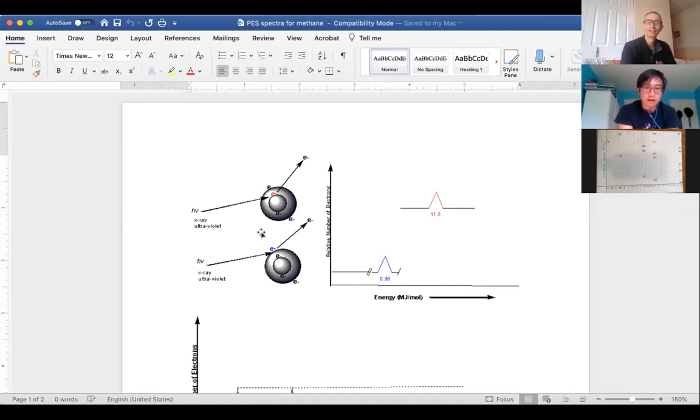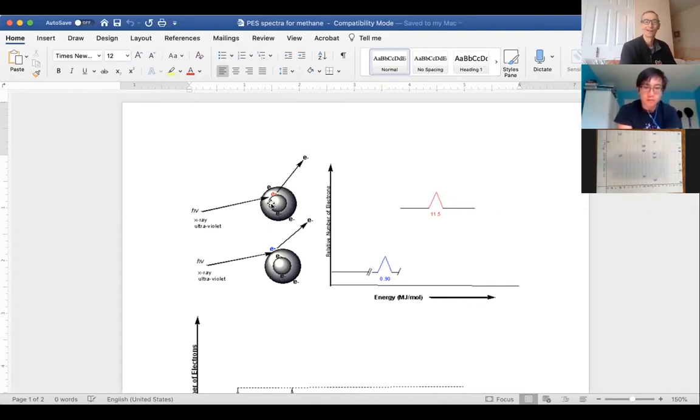So the X-rays and the ultraviolet is light? Yeah, exactly. So it's just some beam of energy of a particular wavelength and frequency, a particular amount of energy, that if it hits the substance, an electron comes off. And in photoelectron spectroscopy, you can detect how much energy it took for that electron to be ejected.